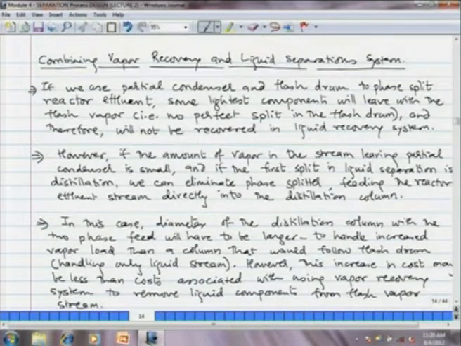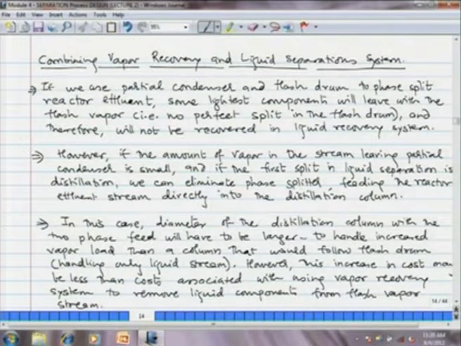Now, let us see how we can combine vapor recovery and liquid separation system. If we use a partial condenser and flash drum to phase split the reactor effluent, some lightest components will leave with the flash vapor, as there is no perfect split in the flash drum, and therefore will not be recovered in the liquid recovery system.